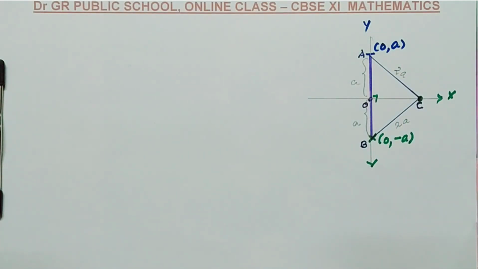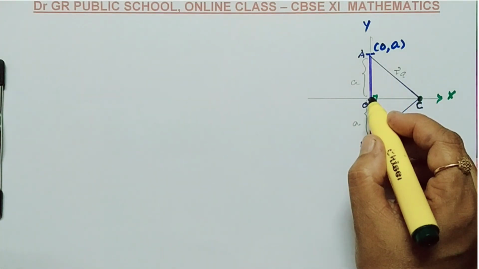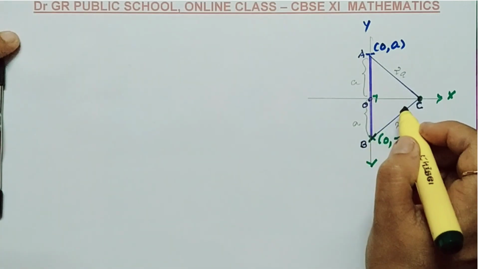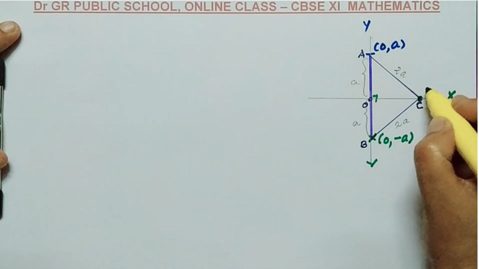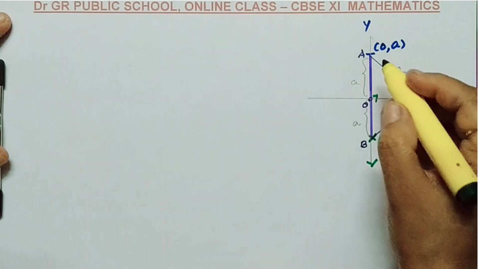And you know well that if you draw a line from the vertex to the midpoint of the base in an equilateral triangle, then definitely it will be a perpendicular line. Now our aim is to find the coordinate of the point C. That only remains here. To find the coordinate of the point C, I am going to consider this right triangle.